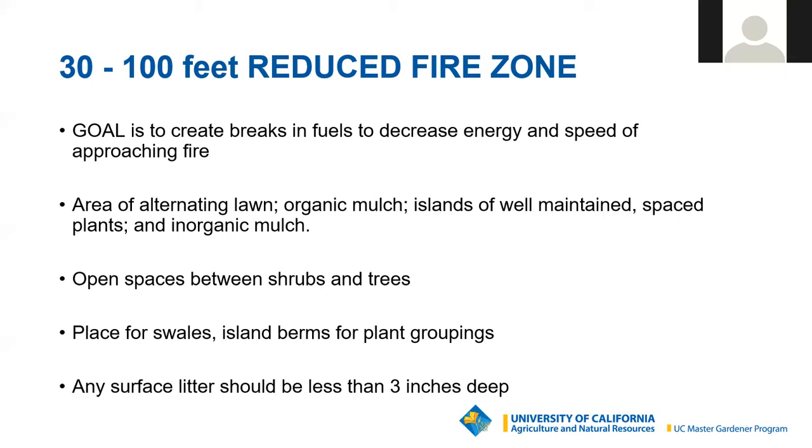It's a place where you can do swales, you can have green grass that slopes down, and maybe have rocks that are inorganic, non-combustible, but it also allows your rainwater and irrigation water to slowly return to the soil in your own property.